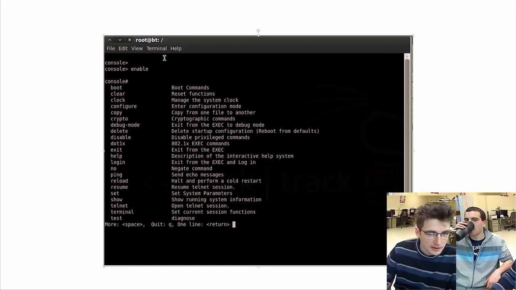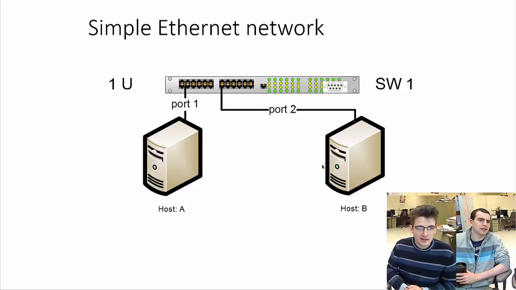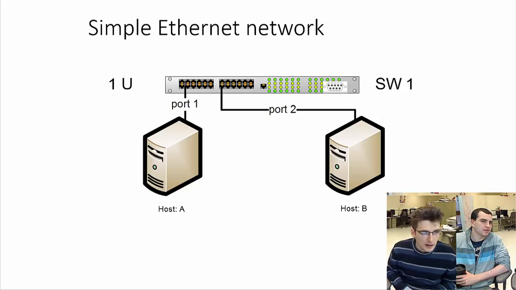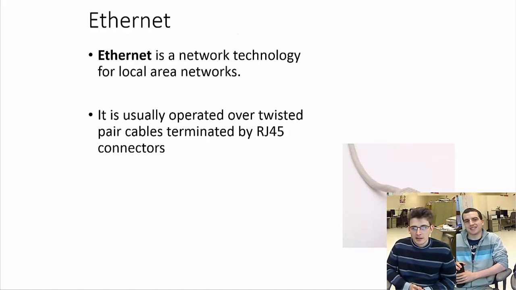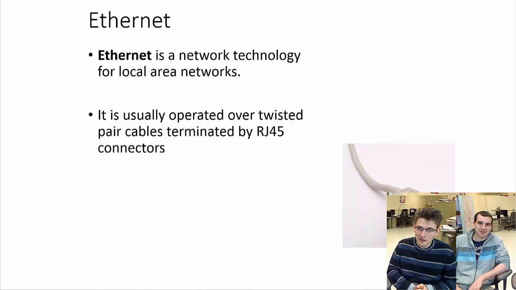So now we'll show you some more theoretical information. Most of these switches utilize the Ethernet networking technology, which was developed a long time ago and became quite popular and pushed out token ring and other technologies because it was easy to implement and it's pretty fast.